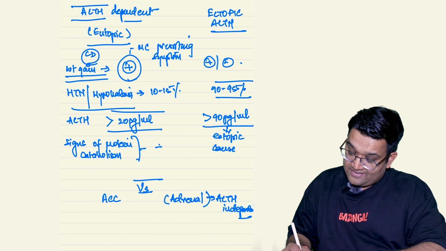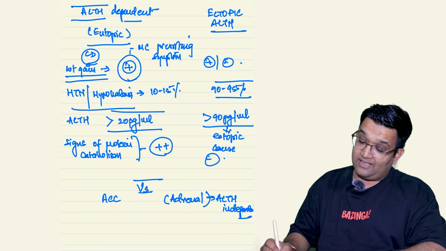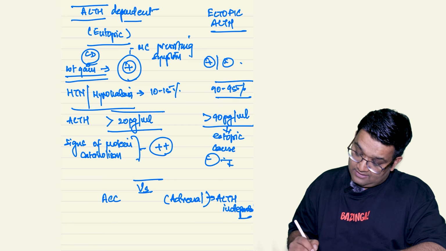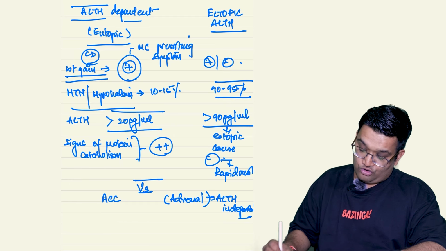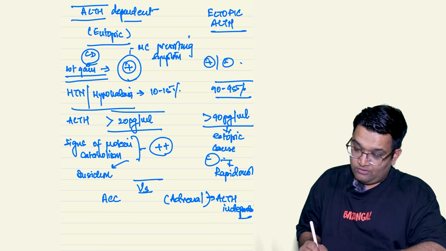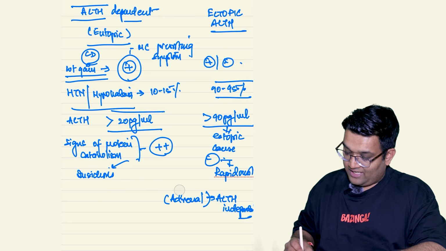Antibodies may be present in Cushing's disease, while they may be absent in case of ectopic ACTH, because it is rapid onset as opposed to insidious onset in case of ACTH dependent pituitary adenoma.